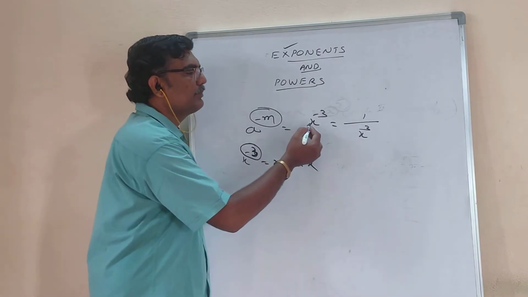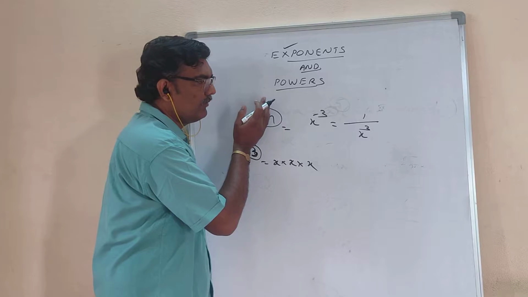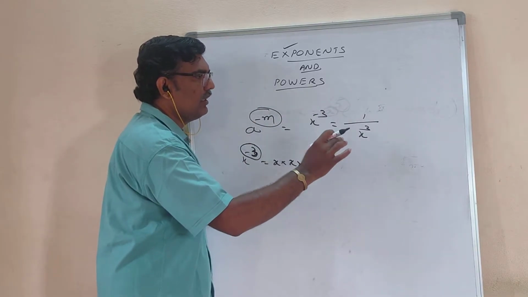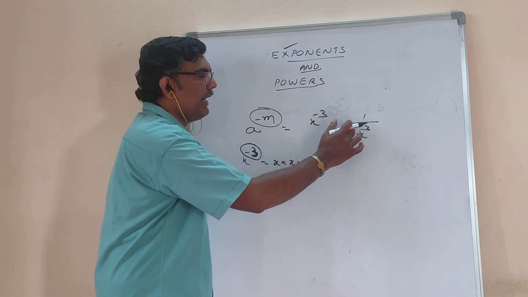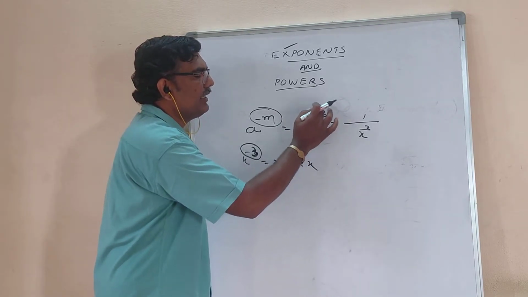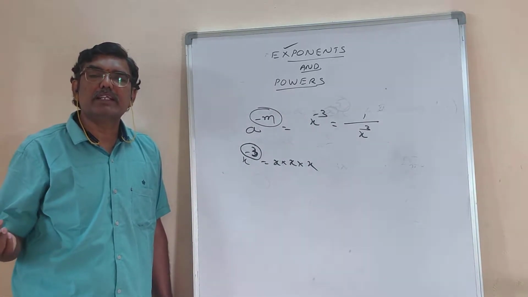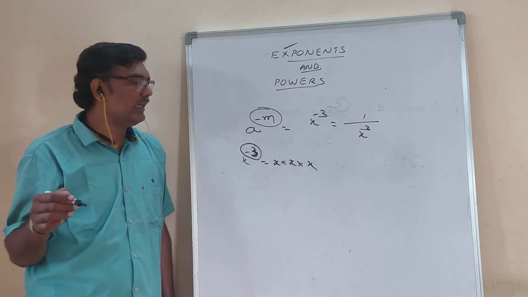See here, x power minus 3. Here I removed minus, and I wrote 1 by everything remaining except minus, that is x cube. 1 by x cube. X power minus 3 means 1 by x cube.